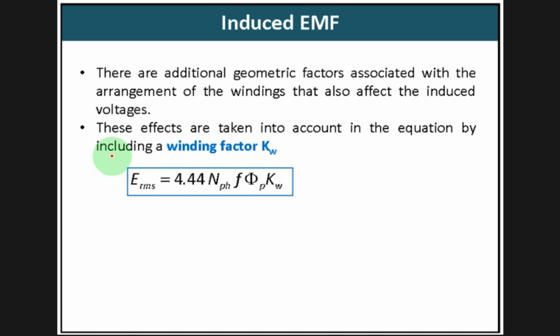So the final equation for E RMS induced in the rotor is given as 4.44 times turns per phase, times frequency, times flux per pole, times the winding factor.